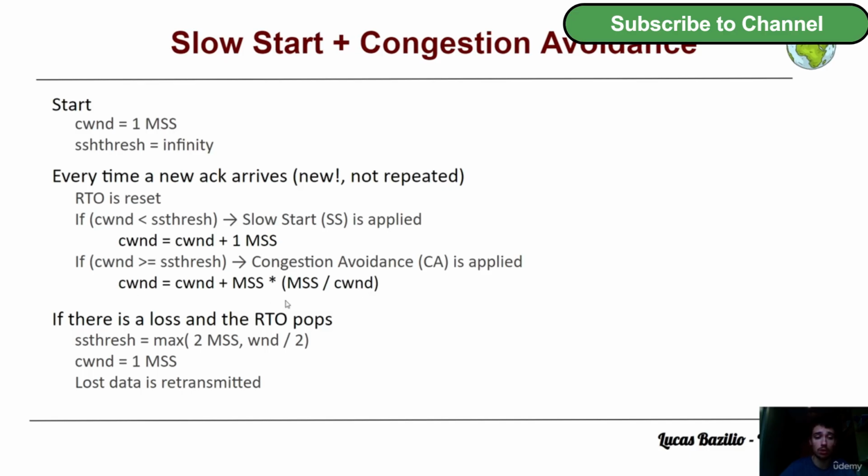Also, if there is a loss, the lost data is retransmitted, and we set the congestion window equal to 1 once again, and the slow start threshold to be the maximum between 2 maximum segment sizes and the actual window divided by 2.